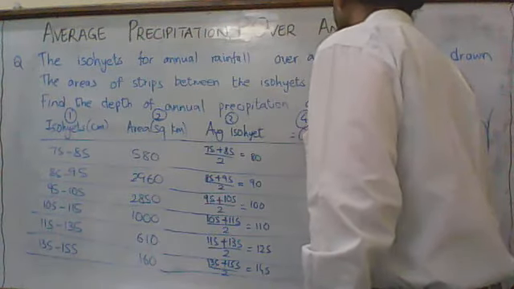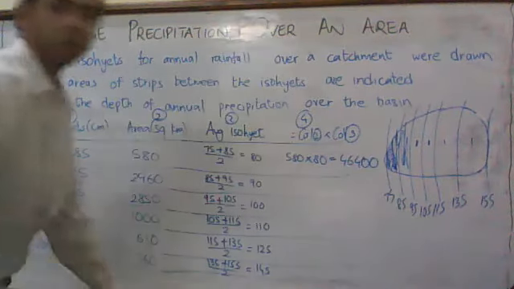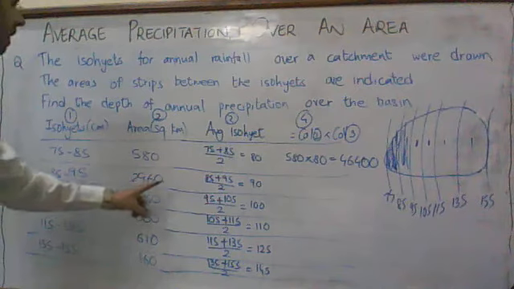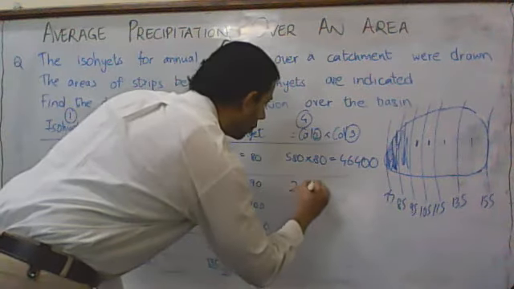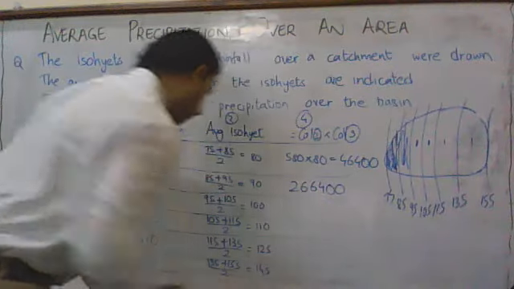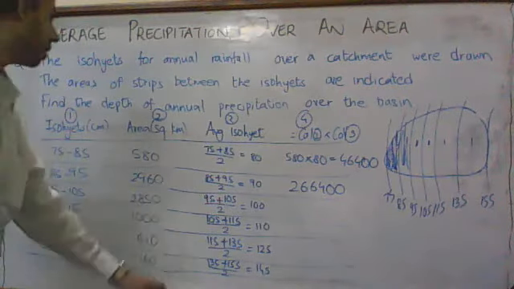First it will be 580 into 80. 580 into 80 comes out to 46400. Then 2960 into 90. This comes out to 266,400. Then 2850 into 100. It comes out to 285000.